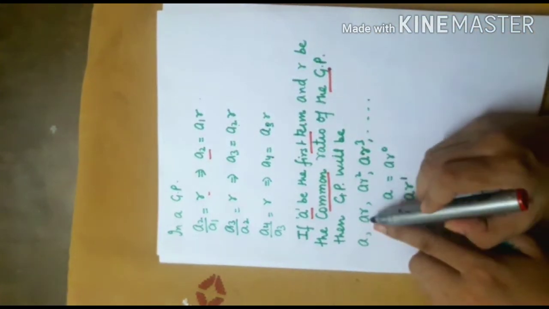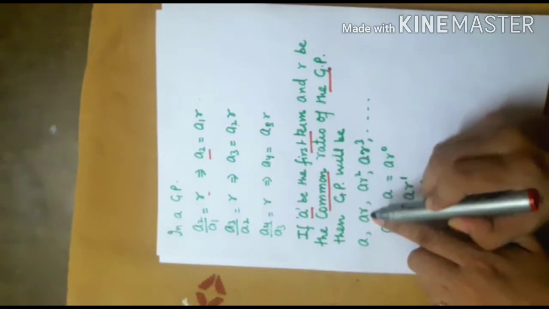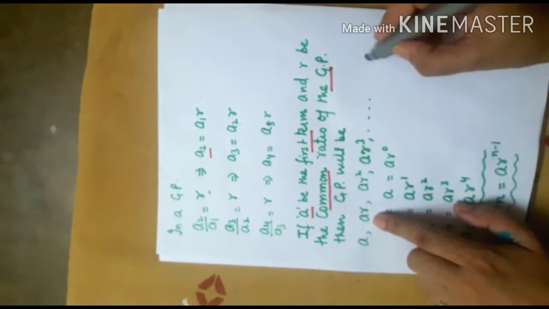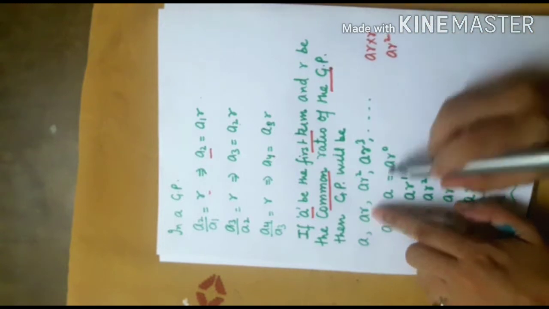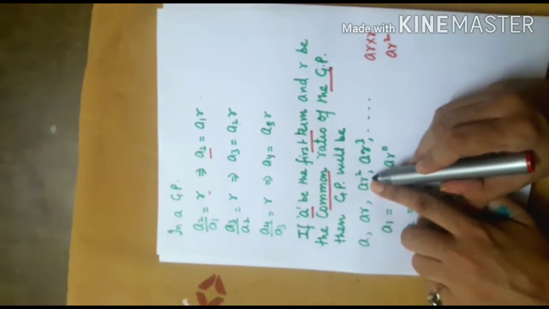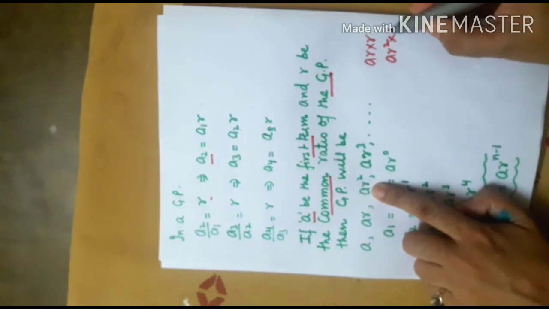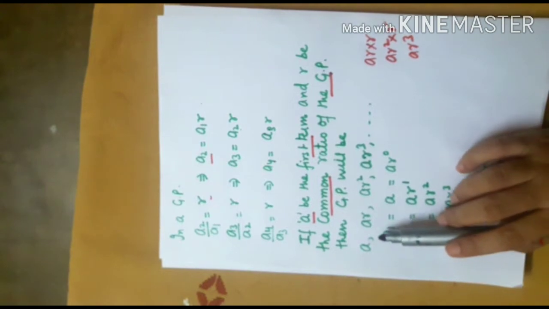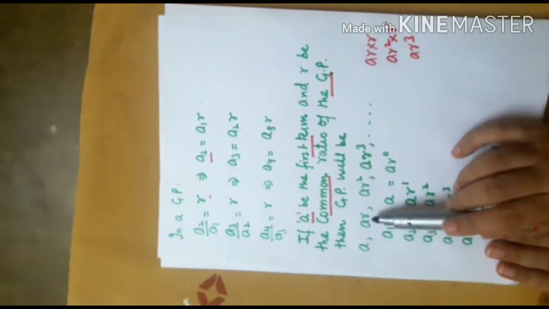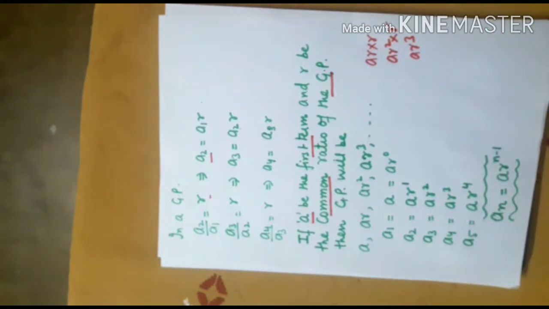So the second term will be A into R, right? Now, the third term will be obtained when this term is multiplied with R. So AR into R will give you AR square. And the fourth term is obtained when I multiply the third term with R, so I'll get AR cube. So the general form of the GP will be A, AR, AR square, AR cube and so on.